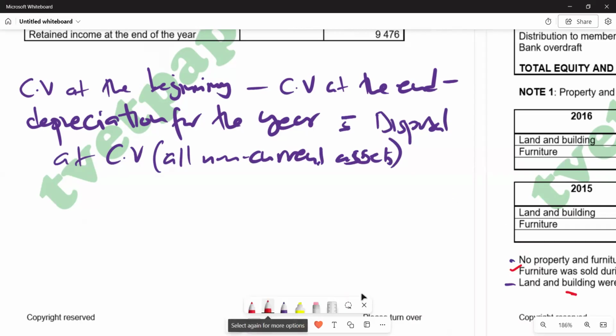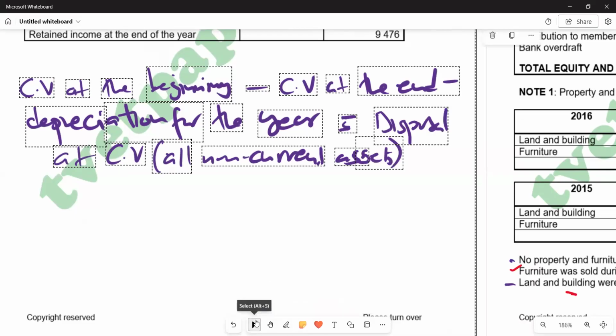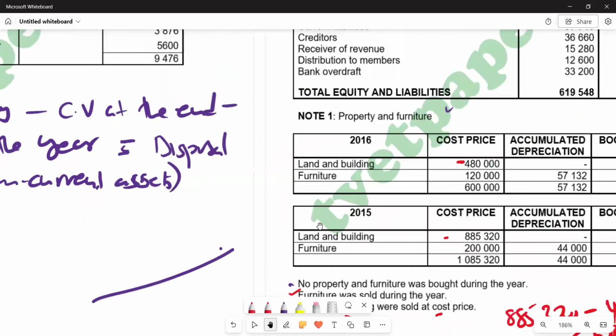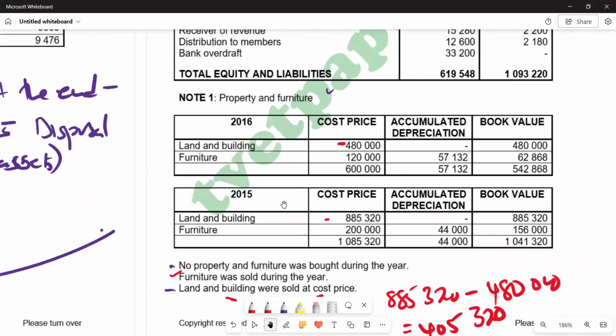If you come here, we are going to see the carrying value at the beginning that we have.